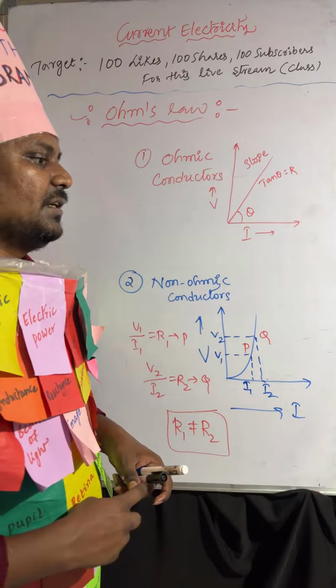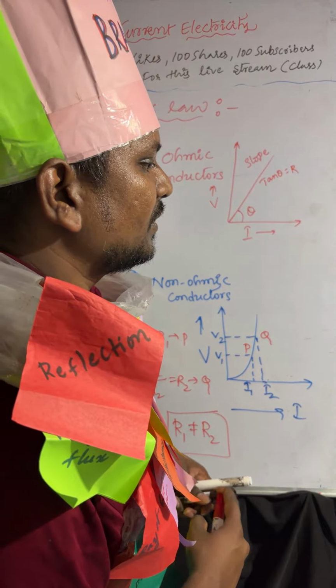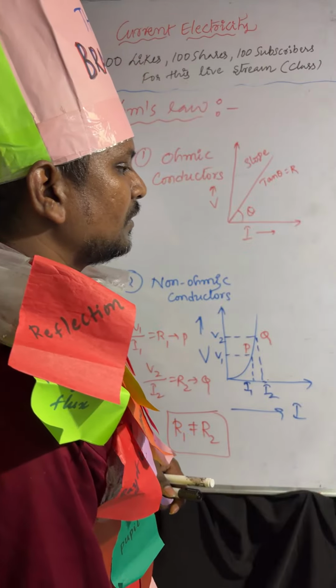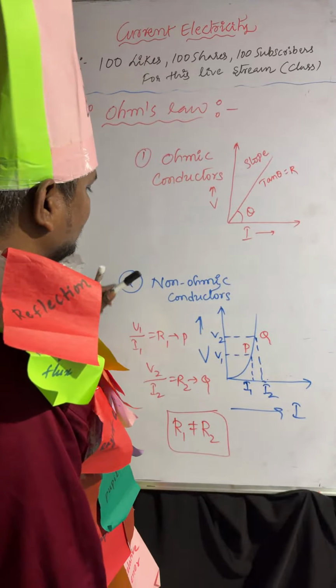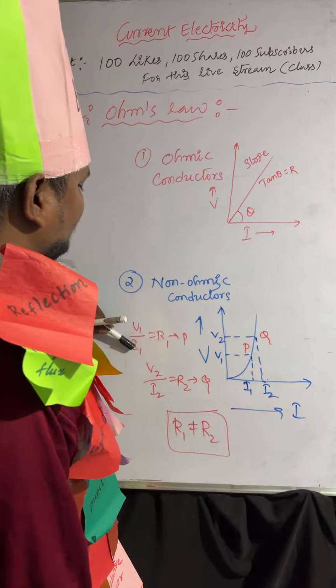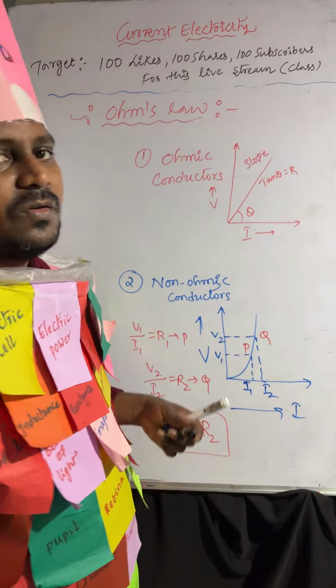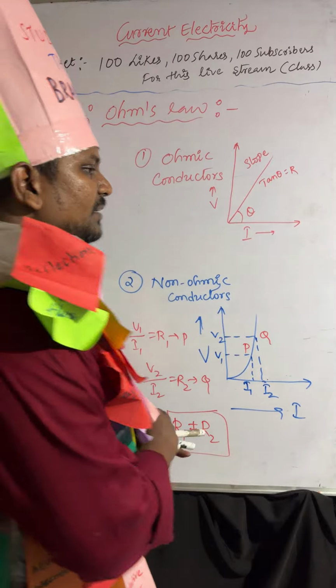Understood or not? So just check once. So here you can see non-ohmic conductors: V1 by I1 equal to R1, V2 by I2 equal to R2. So R1 is not equal to R2, right?